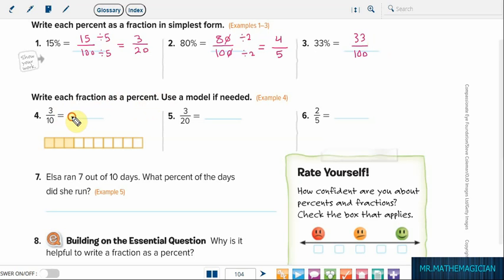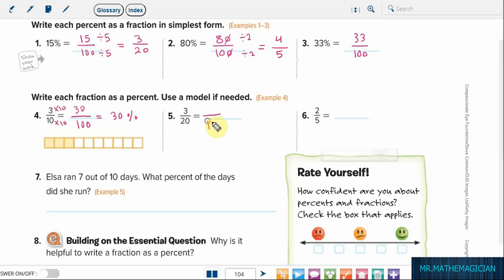So I'm going to multiply here by 10 up, multiply by 10 down, so this will give you 30 over 100, means 30%.